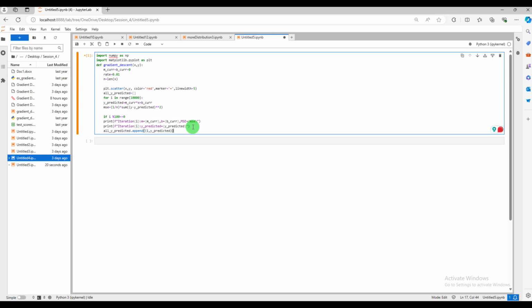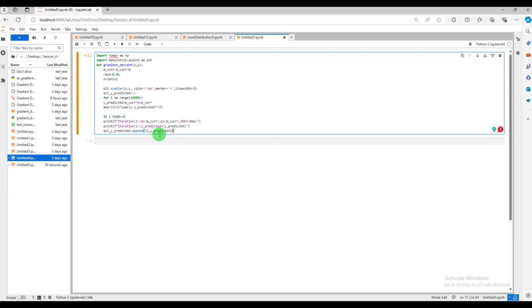Okay, after write this comment, it's possible for us to print the current iteration number, slope, intercept, and MSE for debugging purpose, and print the predicted y values for debugging purpose, and also append a tuple containing the current iteration number and the predicted y value.